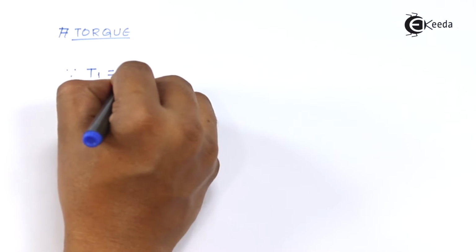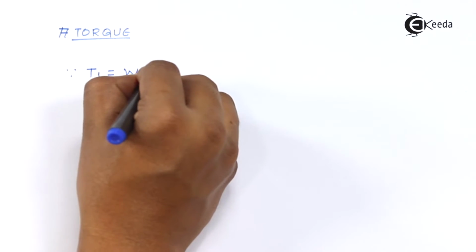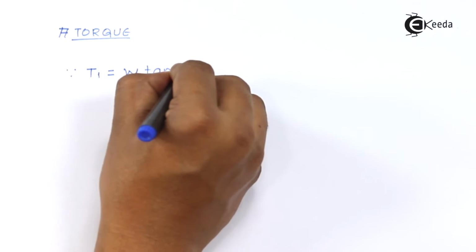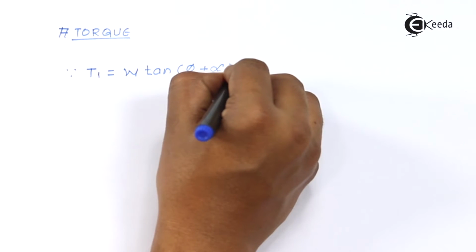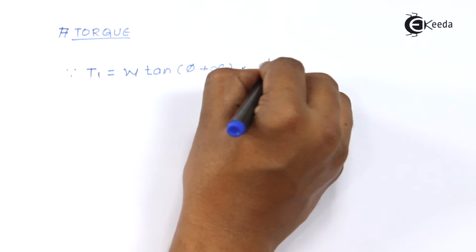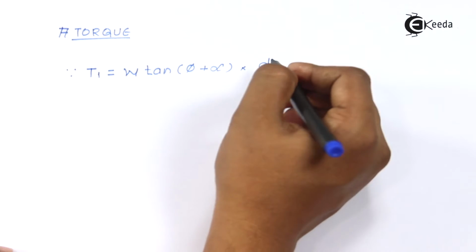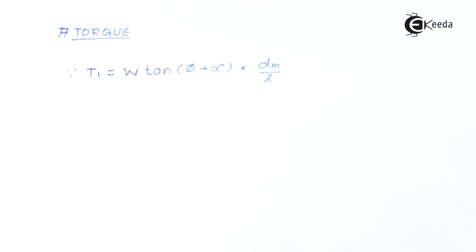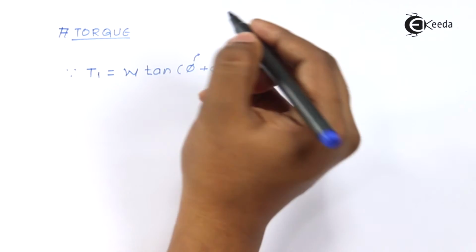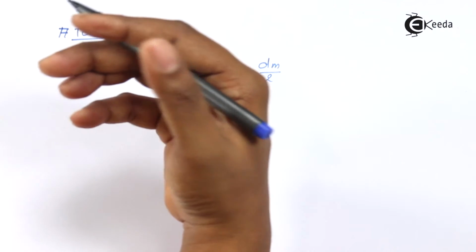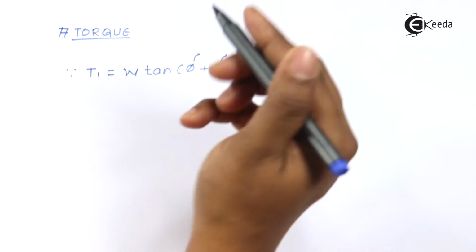It says that torque 1 is equal to W times tan of (phi plus alpha) into d mean divided by 2. The one thing you need to understand is that alpha here is the helix angle and phi here is actually the angle of friction.